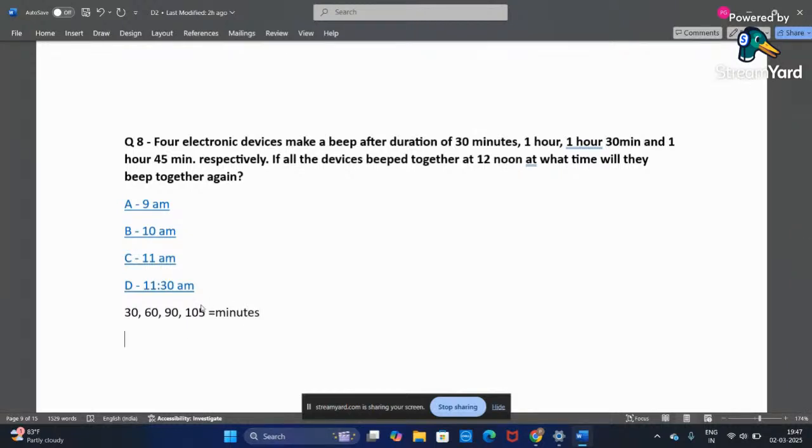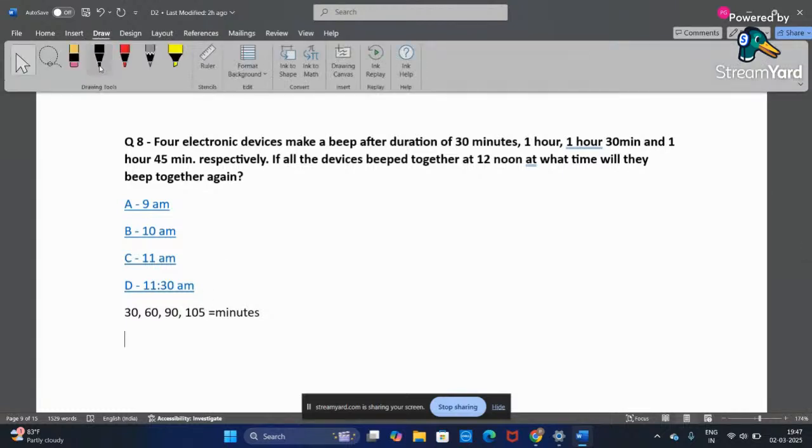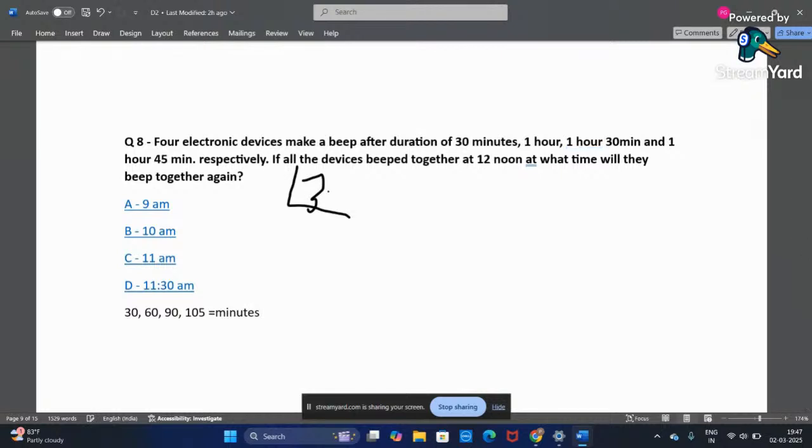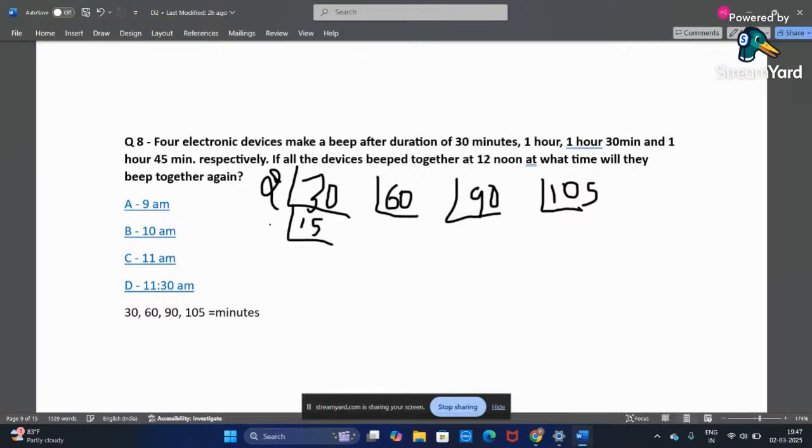Okay, now let's find the factors for each number. 105 minutes. 2 15s are 30, 3 5s are 15. 2 30s are 60, 2 15s are 30, again 3 5s are 15.